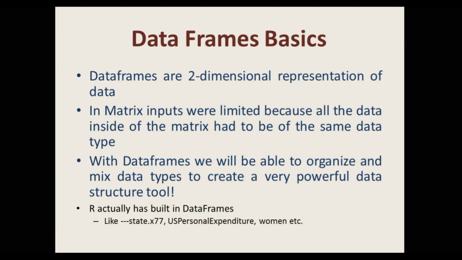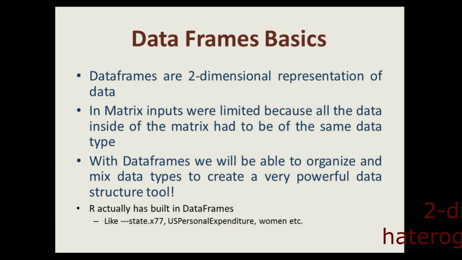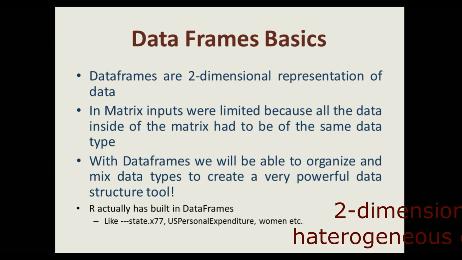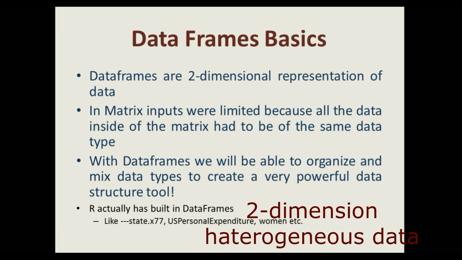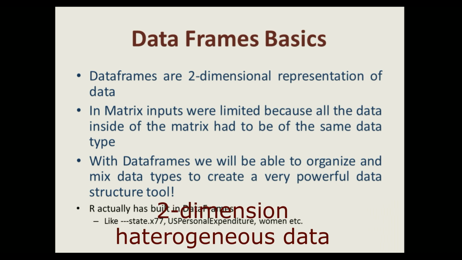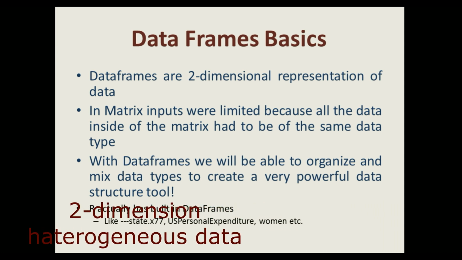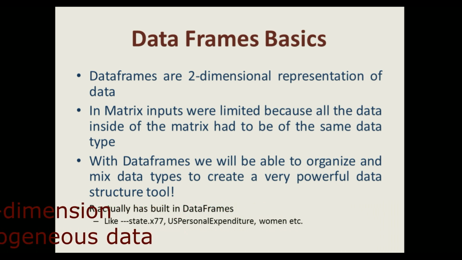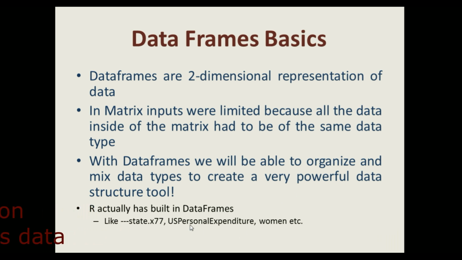So it gives flexibility to the user to declare various kinds of data in the same data object. That is the advantage of it. In our environment there are also already available data frames, for example state.x77, US personal expenditure, women, and more like this.